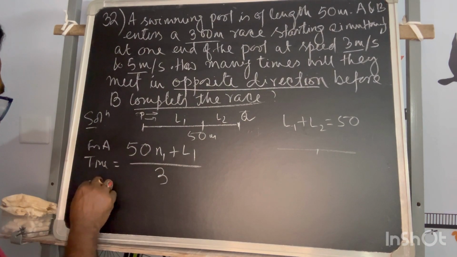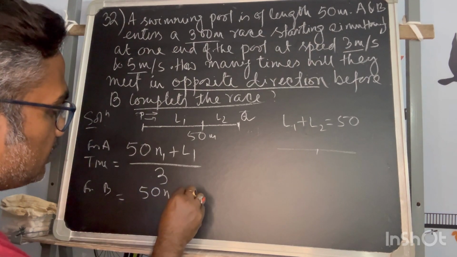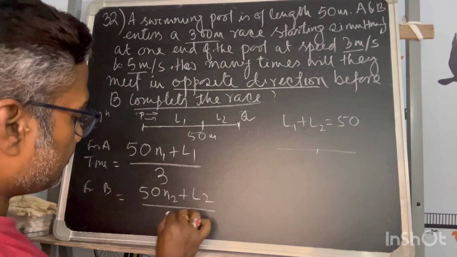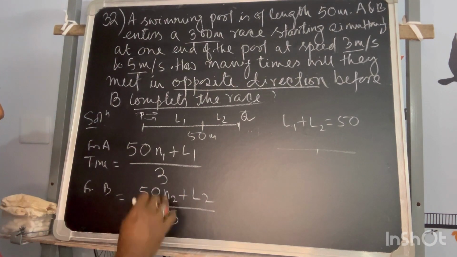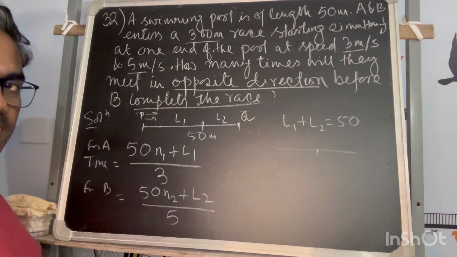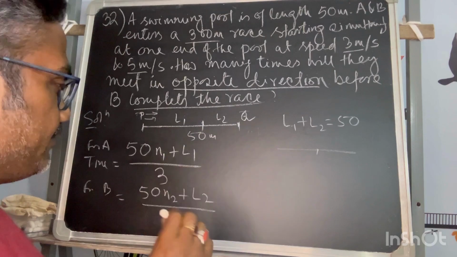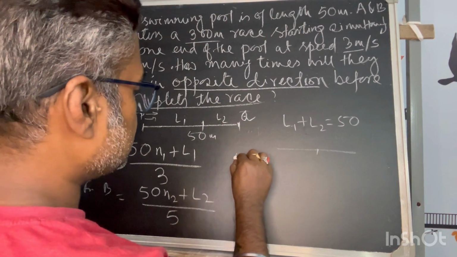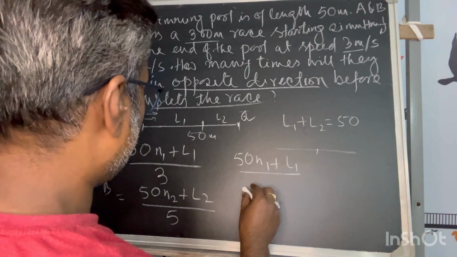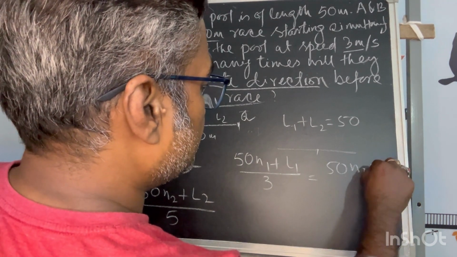And for B, the number of laps N2 I am keeping, and the fraction gone after the lap, divided by the speed, will be the time. And if these times are the same, they will definitely meet, because the condition for meeting is that the time should be the same. So if I equalize this, 50 into N1 plus L1 by 3 is equal to 50 into N2 plus L2 by 5.